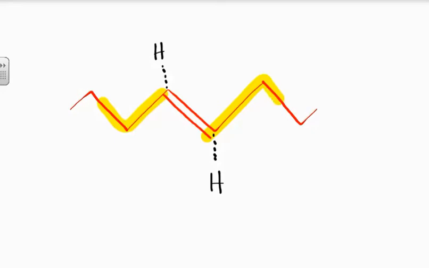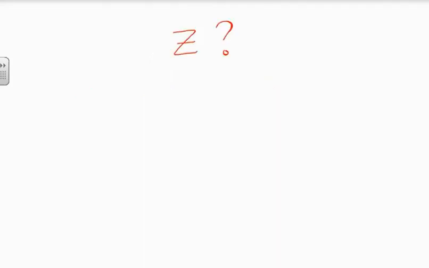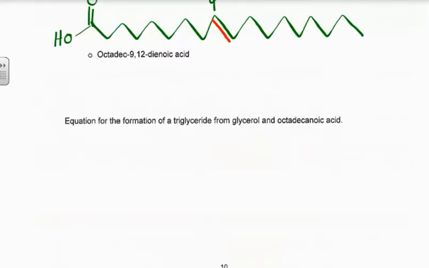The highlighter's not behaving itself, it keeps falling off, but those priority groups are across from each other, so that is an E isomer. How would you draw a Z isomer? Well, like that. So a little bit like a picnic table, and there we go. So there's the Z isomer where the priority groups are on the same side.